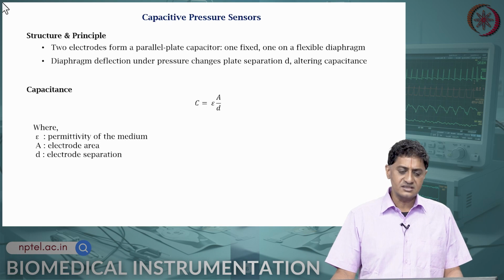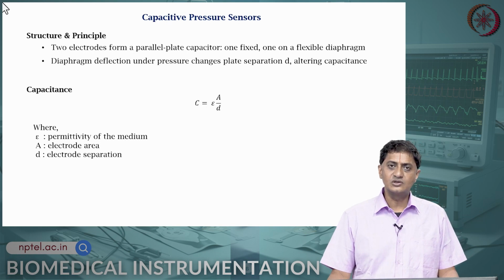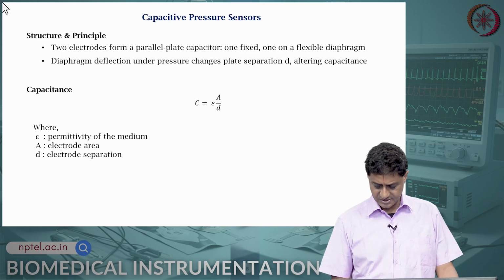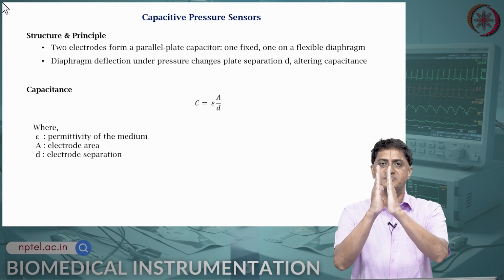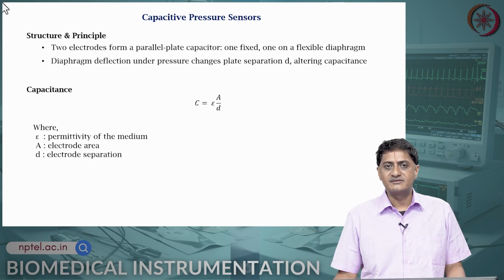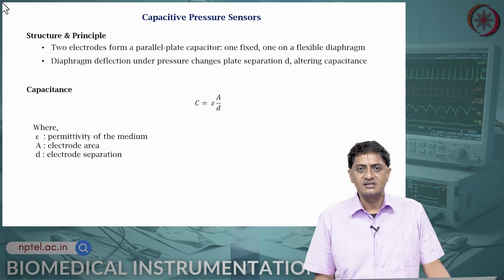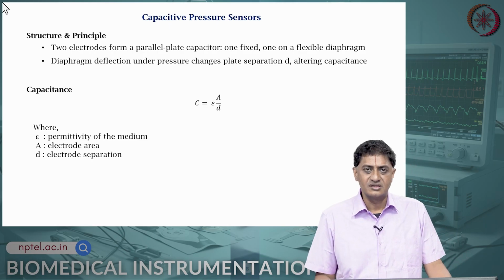So, the idea is that in a capacitive pressure sensor, there are 2 electrodes that form a parallel plate capacitor. For example, like this. One of them is rigid, the other one is a flexible diaphragm.